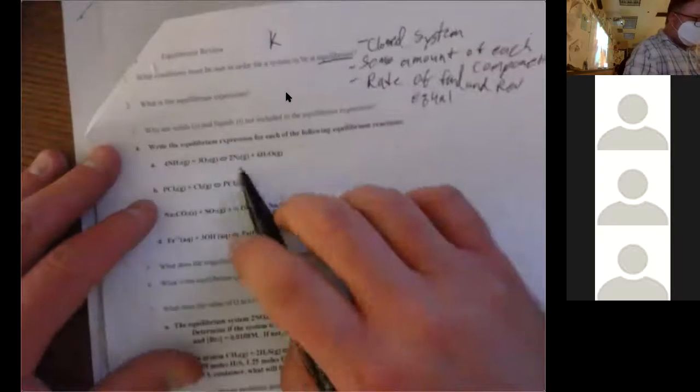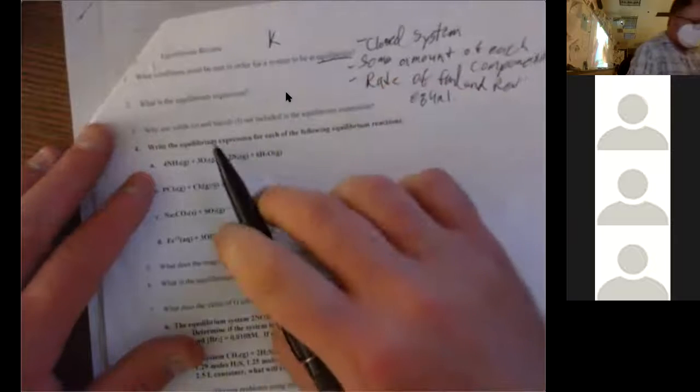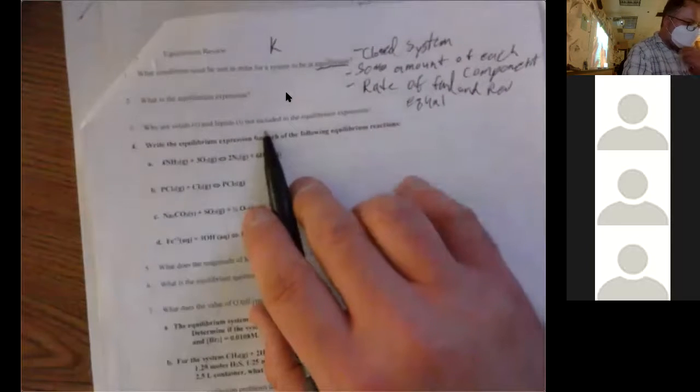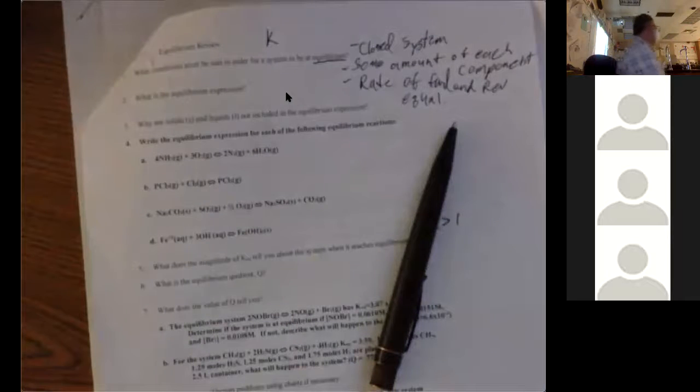Let's go ahead and do one of those since we have number 4 right here. 3, I guess. Why are solids and liquids not included in the equilibrium expression? Those are concentrations, and if you have a solid or liquid, it's considered to be one, because concentrations are usually moles per liter. If it's a solid, it basically just becomes 1.